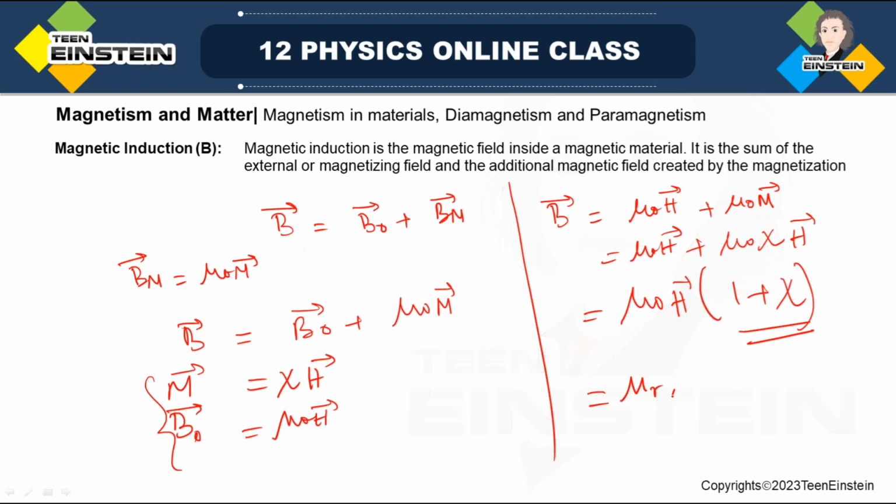So mu r mu0 into H. This term as a whole can be written as mu, the permeability of the medium, where mu is equal to mu r into mu0.